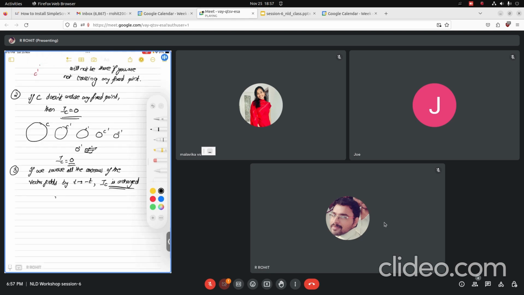This can be said directly, because if you have an arrow like this and all the arrows are going back, then the net I of C is nothing but 1 by 2 pi of phi C, and this phi C will remain nearly the same in both cases, only the arrows are changed. So for that closed curve, the index remains the same.